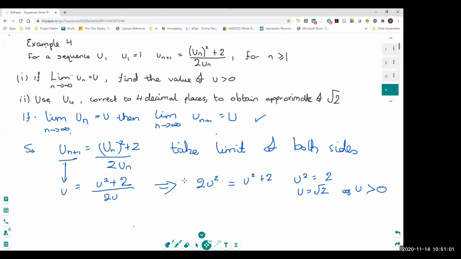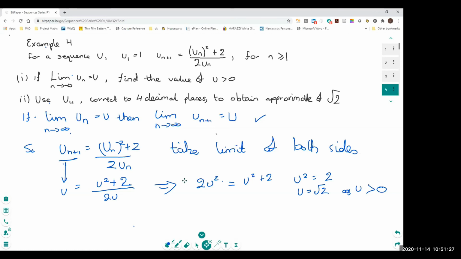So it's an example 4, and it's a question for the sequence u. And u1 is the initial term that we're given. U of n plus 1 is equal to u n squared plus 2 all over 2 times u of n. So we're asked to find the limit, the value of u, if the limit of u of n is equal to u, for all values of u greater than 0.